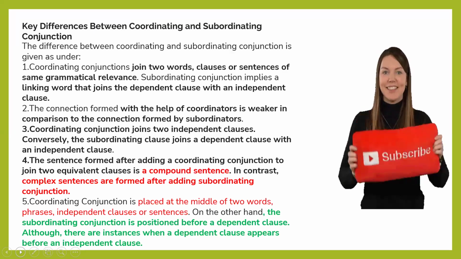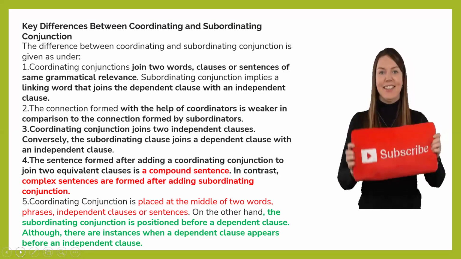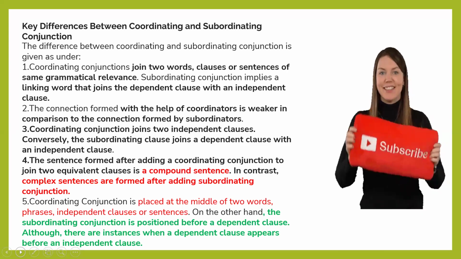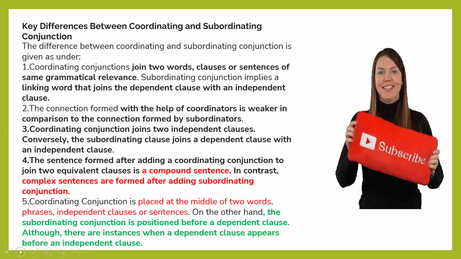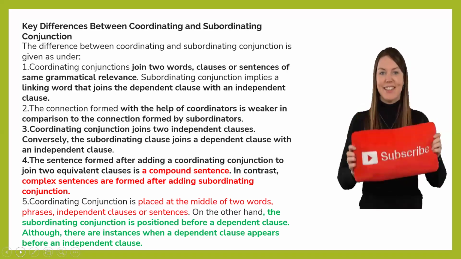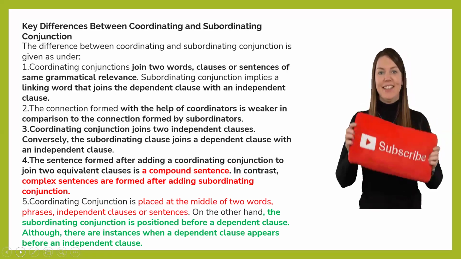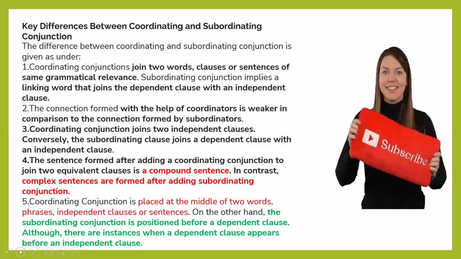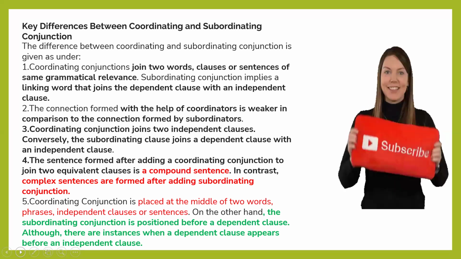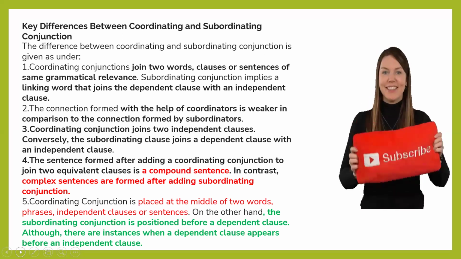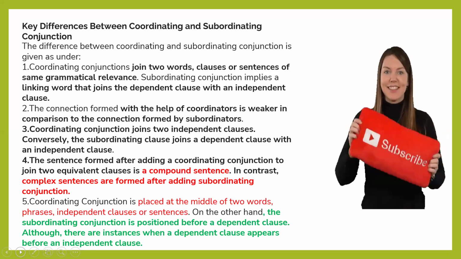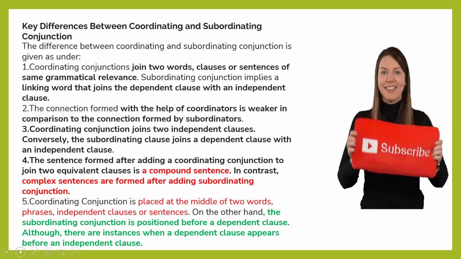So these are the key differences we have seen. A coordinative conjunction joins words, clauses, or sentences of the same grammatical relevance. A subordinative conjunction joins a dependent clause with an independent clause. The connection formed by a coordinator is weaker than the connection formed by a subordinator.